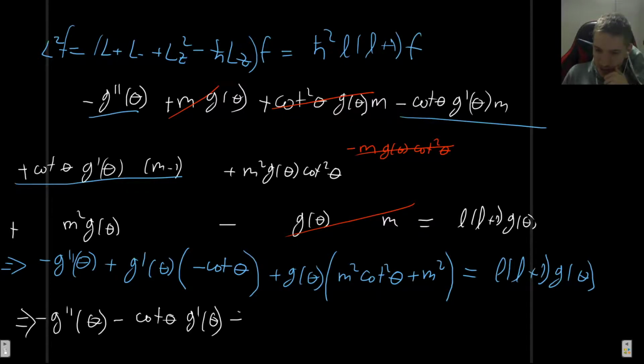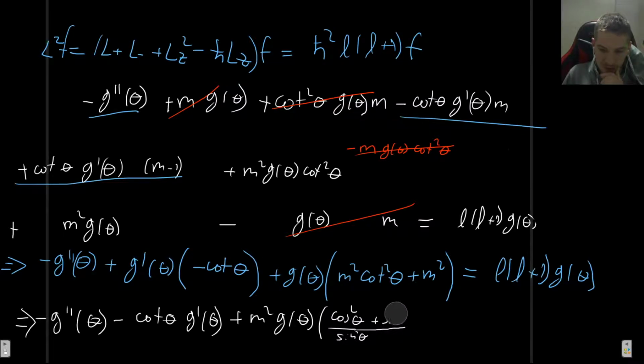So we can factor out m squared here. So m squared g of theta. And then we have cotangent squared theta plus 1. And what is that? So cotangent squared, this is simply cosine squared of theta divided by sine squared of theta. So if we now go for a common denominator, we can write it as cosine squared plus sine squared of theta, and all of that divided by sine squared.